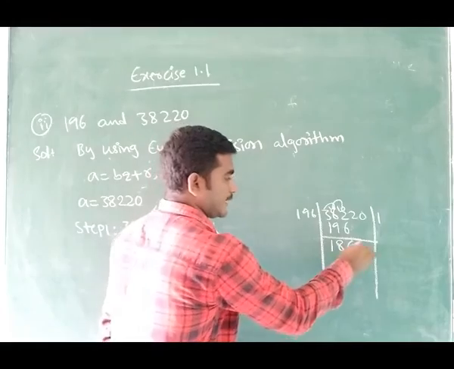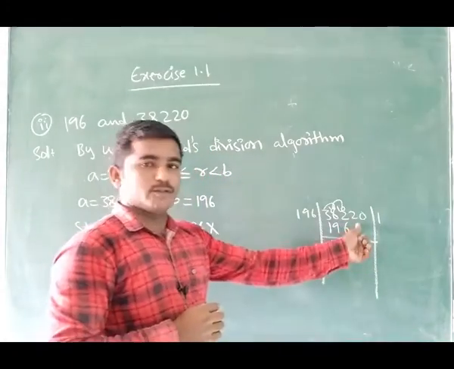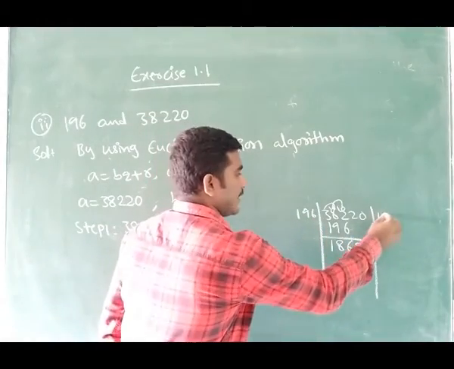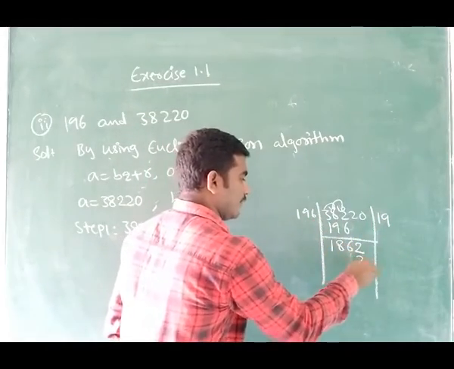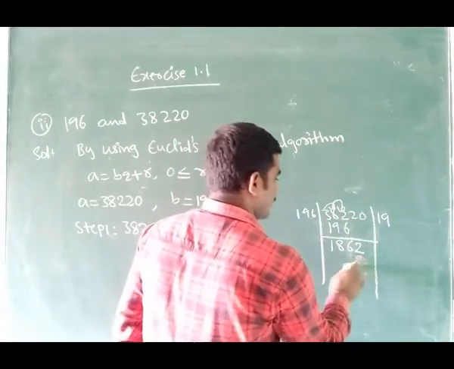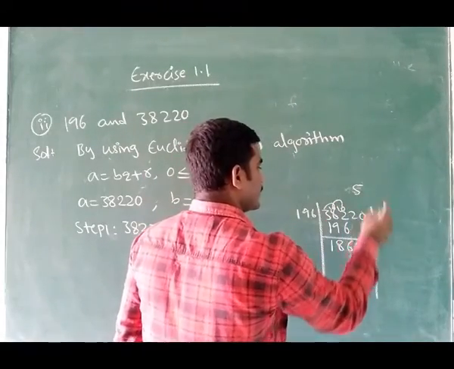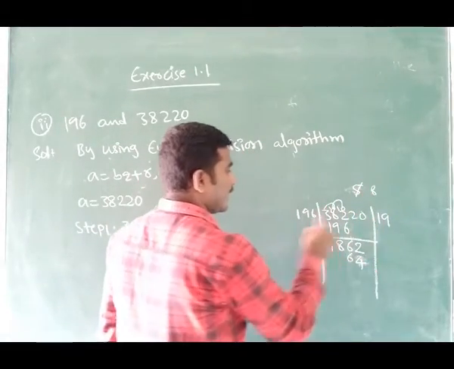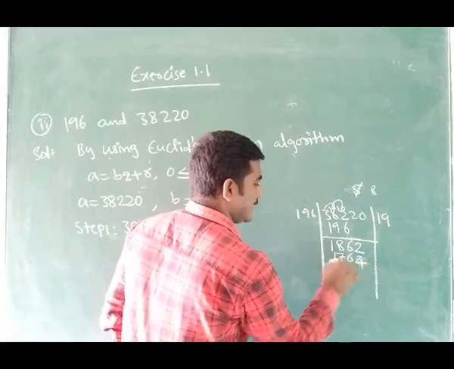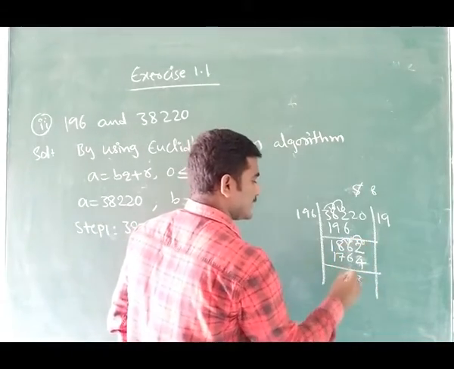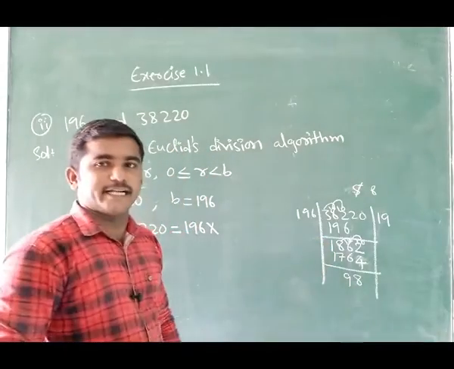Next number is 2, still it is not completed, so you have to complete the total. Again, 9 sixes are 54, 5 remaining. 9 nines are 81 plus 5 is 86. 9 ones are 9 plus 8 is 17. So here 12 minus 4 is 8 and 50 minus 6 is 9. How much is it? 98.